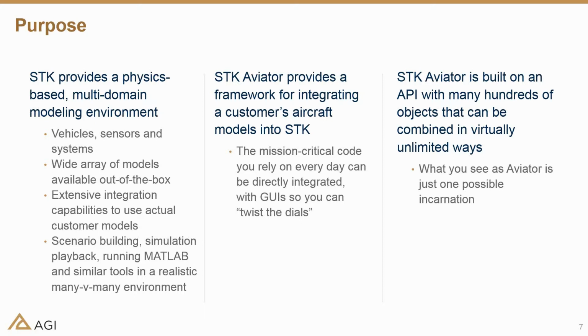So on our purpose slide here, as you may be aware, Systems Toolkit, or STK, is a physics-based modeling environment that allows you to explore the interactions between objects in all domains at once, including air, land, sea, and space. So we like to say that it lets you move your assets through space and time to help you make better decisions faster. SDK includes a wide array of object types with full function GUIs for configuring your simulation and performing analysis.